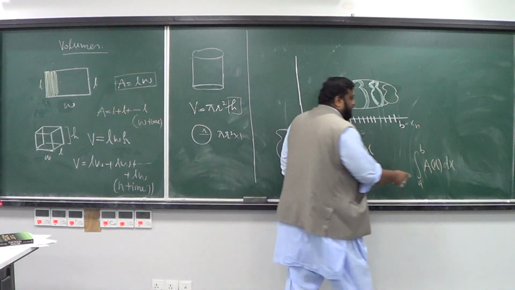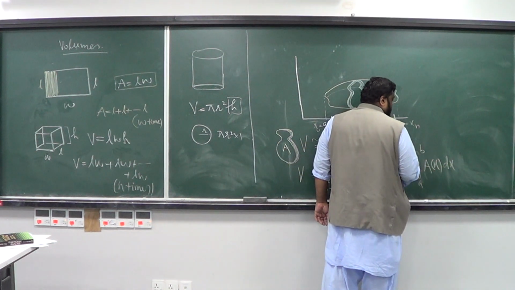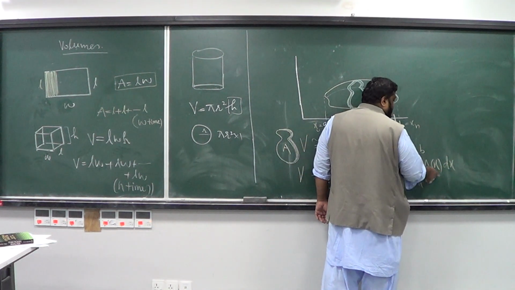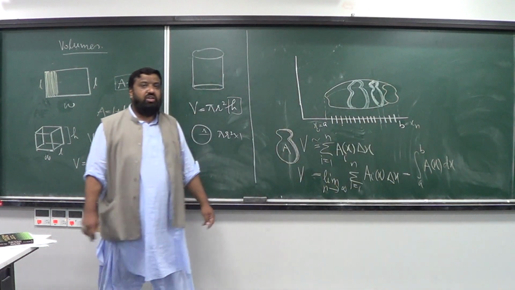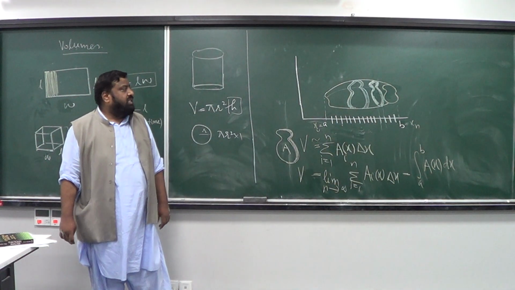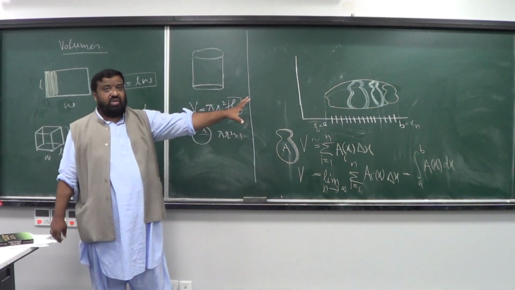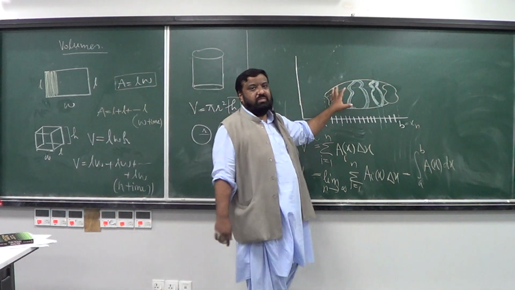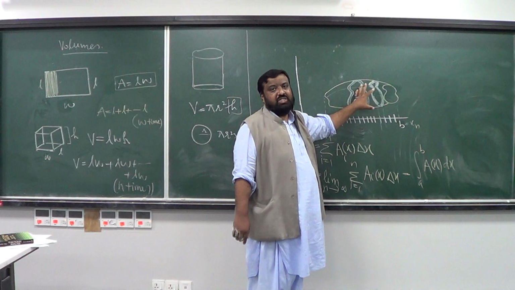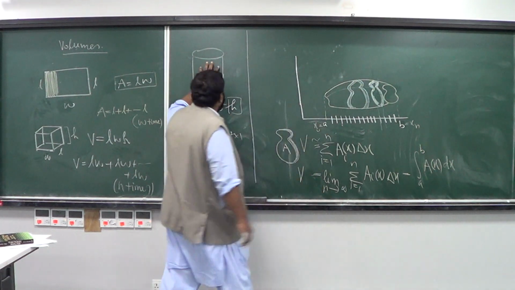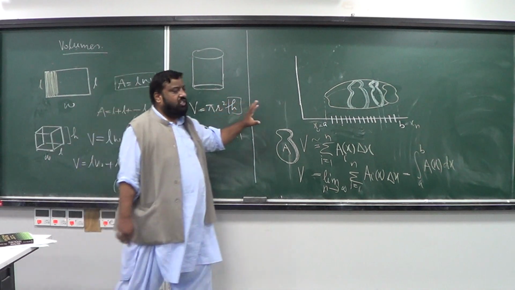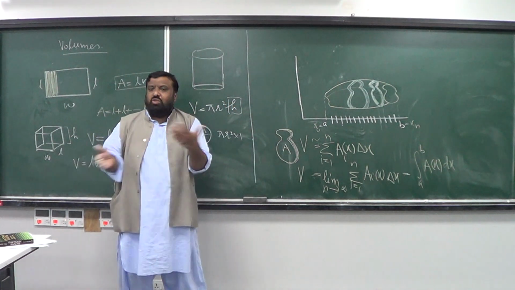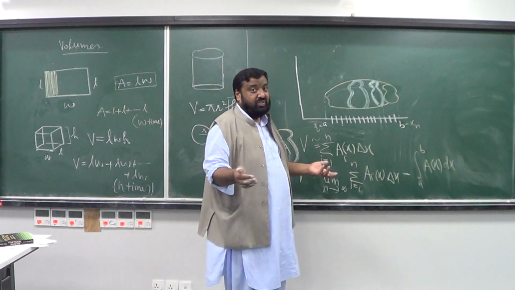So if you sum all these volumes from a to b, you're going to get the volume of the entire loaf of bread. This is a generic, abstract picture. This picture could be a cylinder, a cube, a bottle, it could be anything.